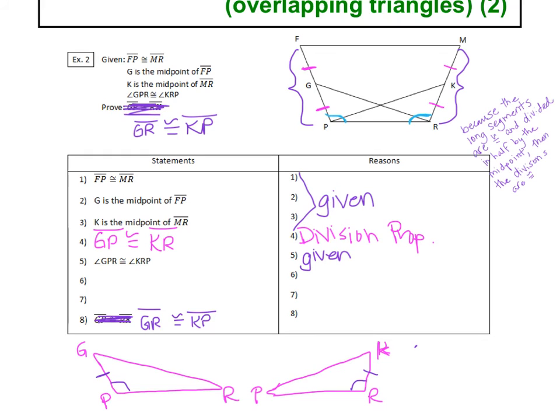So we can go ahead and mark that congruency. PR is congruent to PR, or you can mark it up here as well. And that's going to be our next statement. I'm going to say PR is congruent to PR. And that is our reflexive property. So at this point, what do we have in terms of using our triangle congruencies?